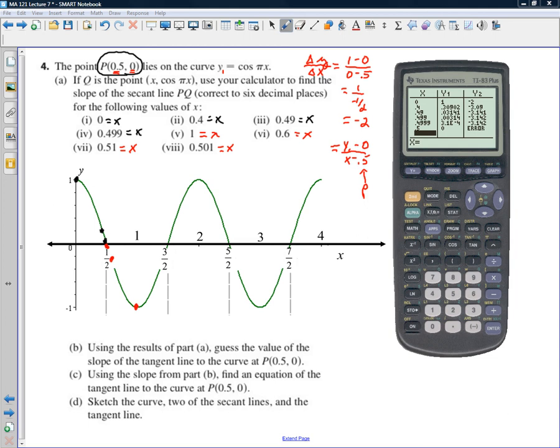Now, I might point out that the furthest column on the right is our slope column, y sub 2. It looks like the last two answers are the same, but if we go over and visit, you get much more precision.